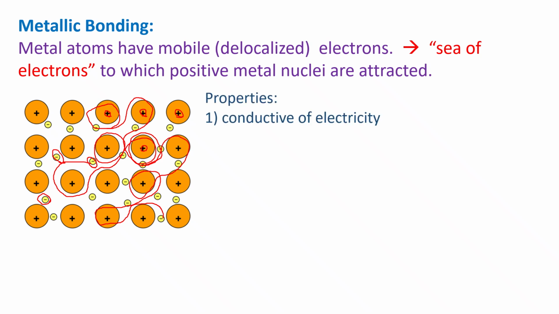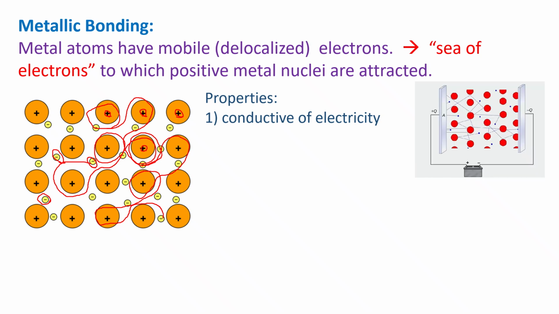One of those is the fact that metals tend to be conductive of electricity. The reason that metals conduct electricity so well is because if you imagine a positive lead from a battery and a negative lead from a battery, if these little red guys represent the atoms and these little blue guys are the electrons that are free to move around, electricity can be conducted because the electrons are in motion, they're already mobile.